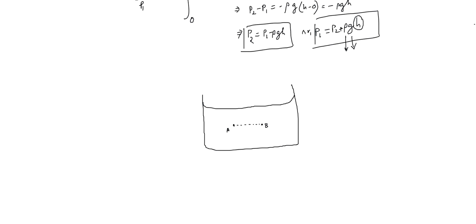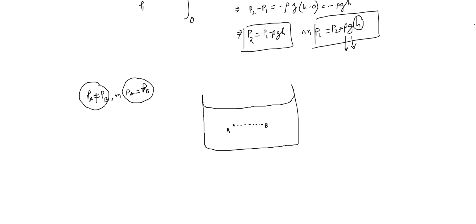Will the pressure at A be different from the pressure at B, or will PA be equal to PB? So what is the truth? Is this true or is this true? Let us find out.